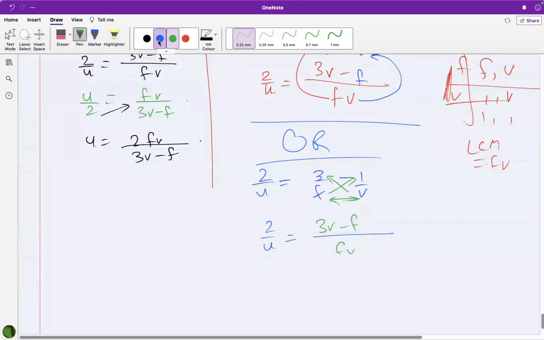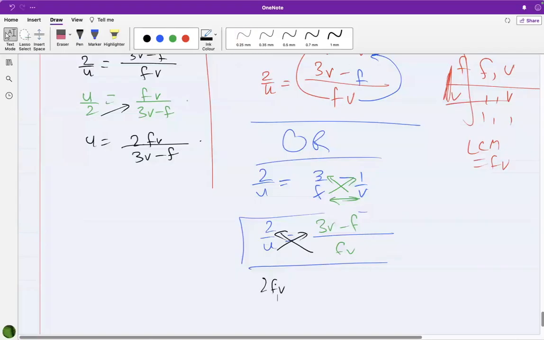Now, if you do not go for reciprocal, let me try this without reciprocating it. I'll have to do cross multiplication in that case. Now this would look like 2 into FV.